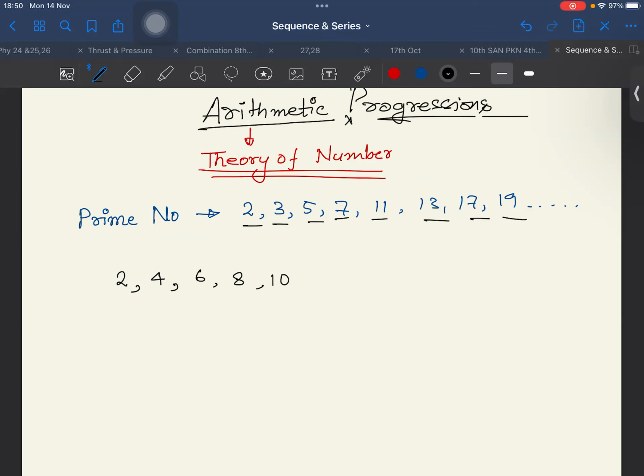That means the next number is the previous number plus 2, right? So every time you subtract the smaller number from the greater number, you will find the difference 2, isn't it? So this is called your common difference.